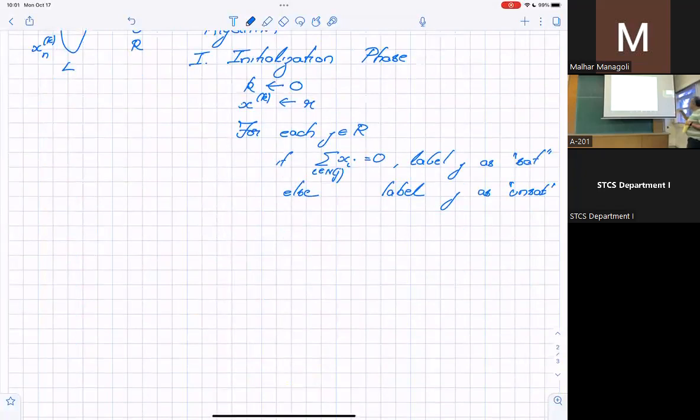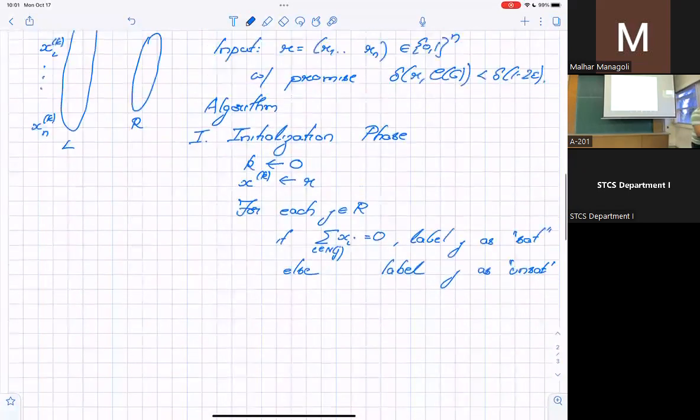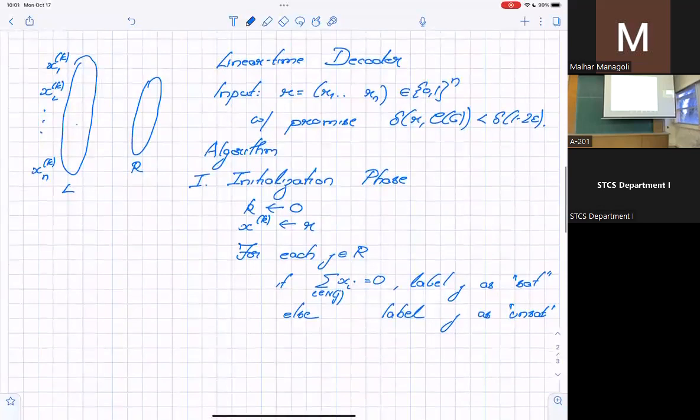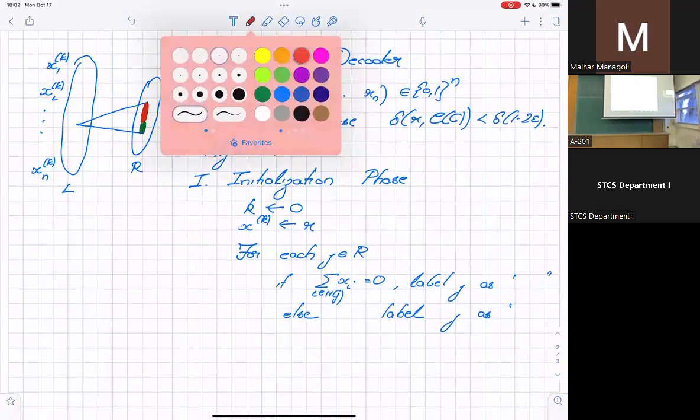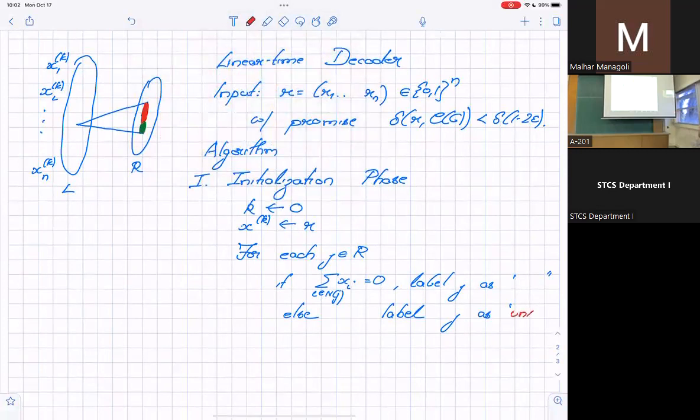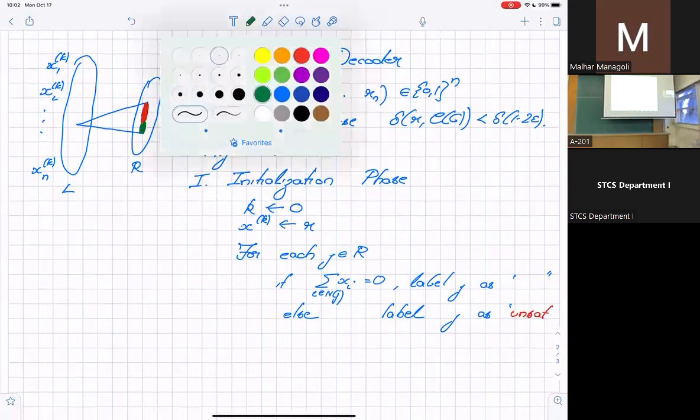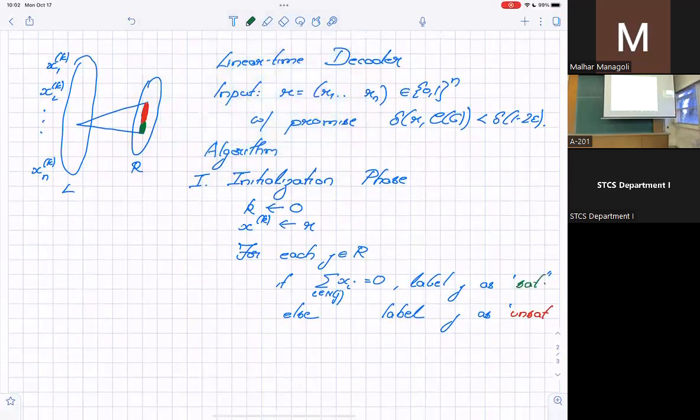Then for every left variable, we go ahead and look at its neighbors and find out which are the unsat ones among its neighbors and which are the satisfied ones.